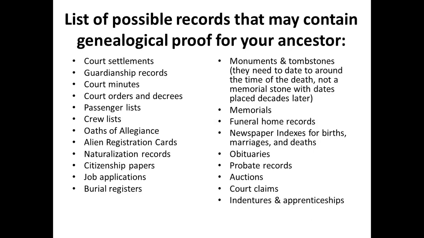But those stones are made afterwards, sometimes years, decades, or even centuries after that person is deceased. That is not proof of your ancestor, and you have to keep that in mind. You want to find stones or monuments that were placed very close to the time that person was deceased, not a guess at the dates.